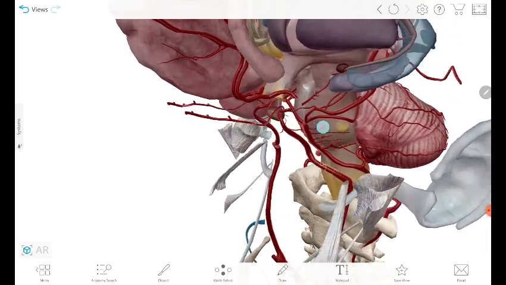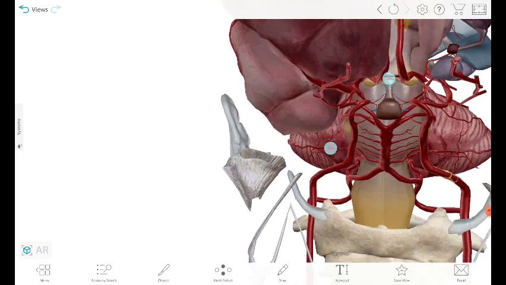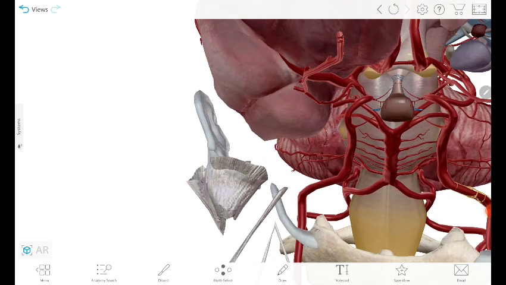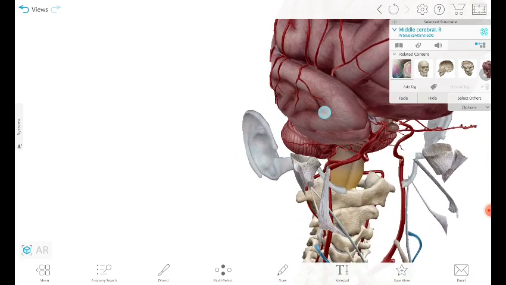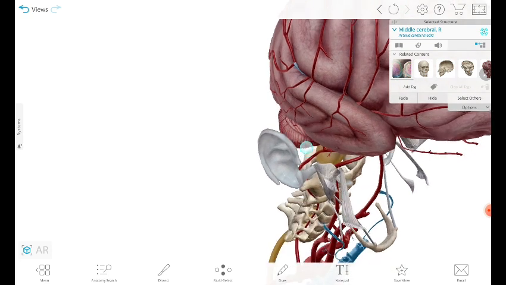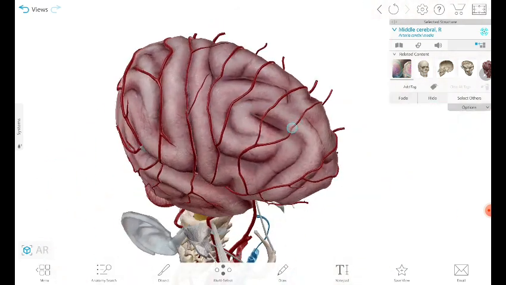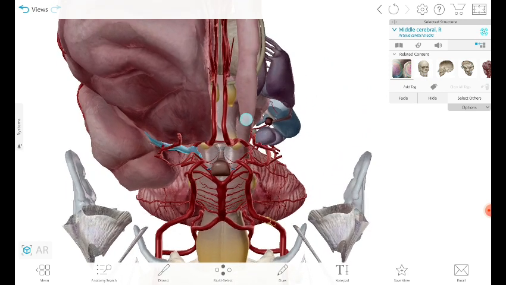Then we will also be able to make out another branch going off laterally from the internal carotid system. So this was the carotid artery, these were the anterior cerebral arteries, and we can see one artery going laterally and lying inside this sylvian fissure and giving off branches on the lateral surface of the brain.